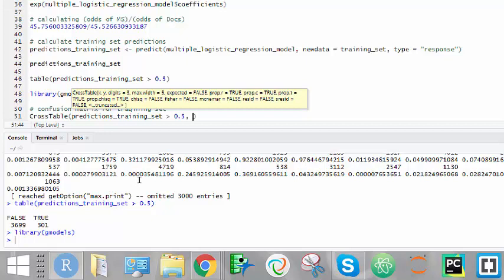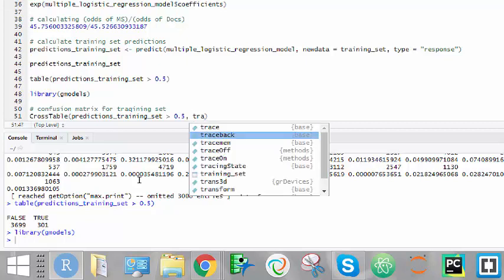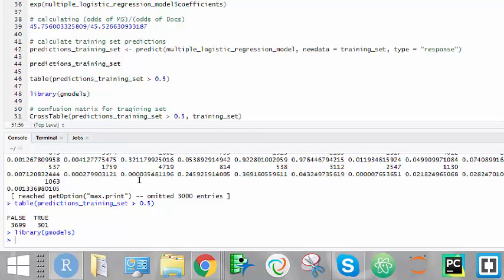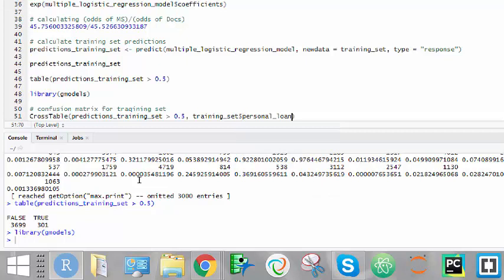And how do I get the real thing? The actual answer, yes or no. I go to what set? I go to the training set, right? And in the training set, which column do I get? Personal loan. That's the real answer, right?